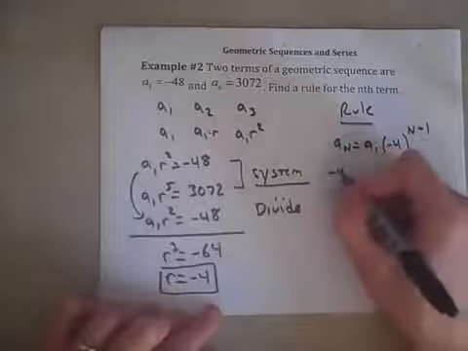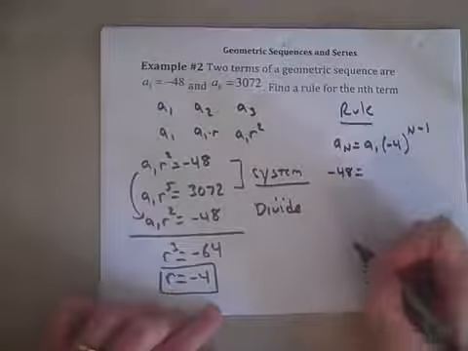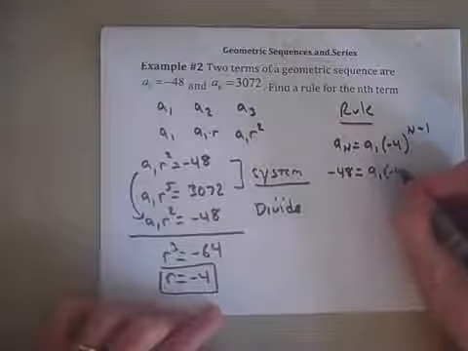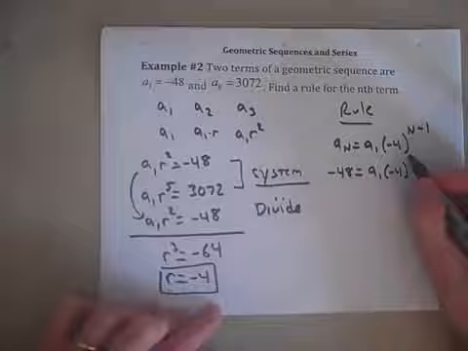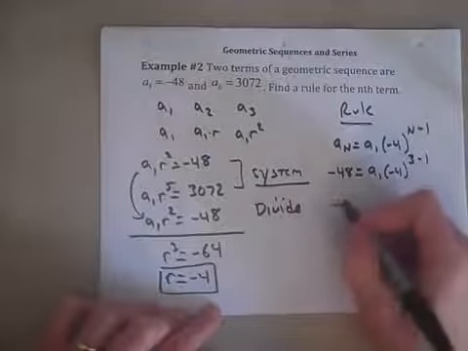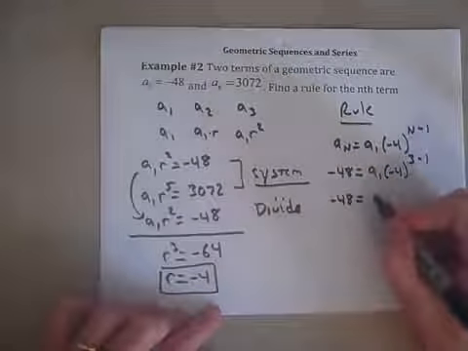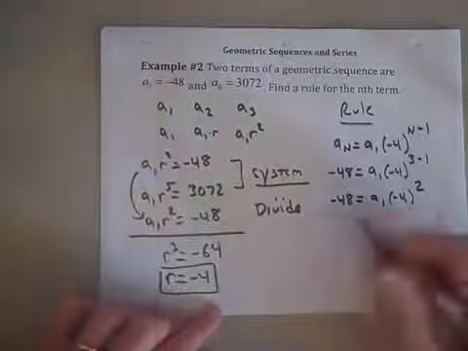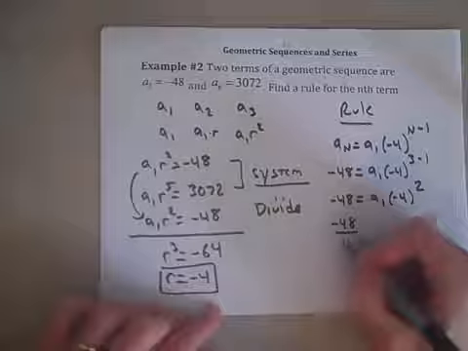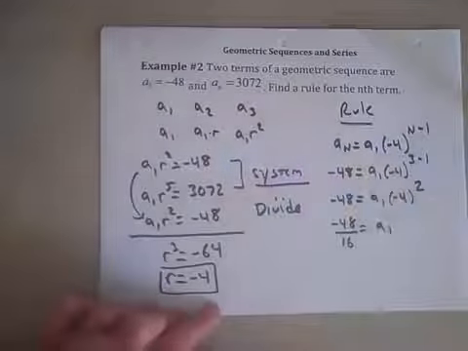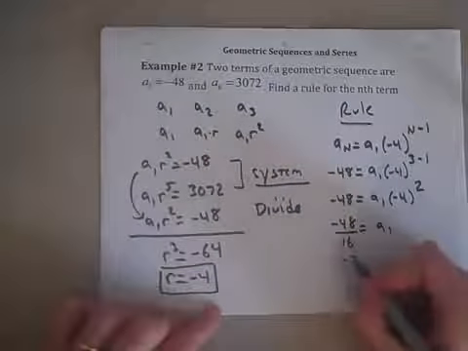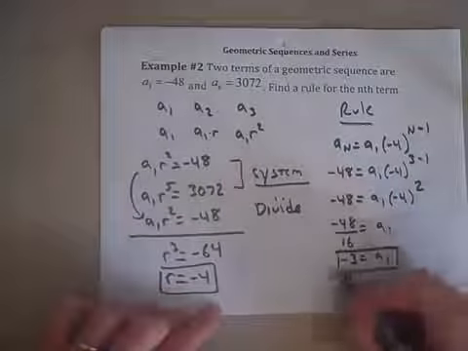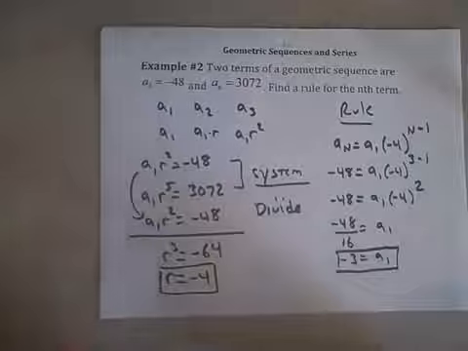Let's throw in negative 48 equals the first term, what we're looking for, that's a sub 1, times negative 4 squared. So whatever that is, oh, that's negative 3. So negative 3 is the first term. So we just read the question one more time.